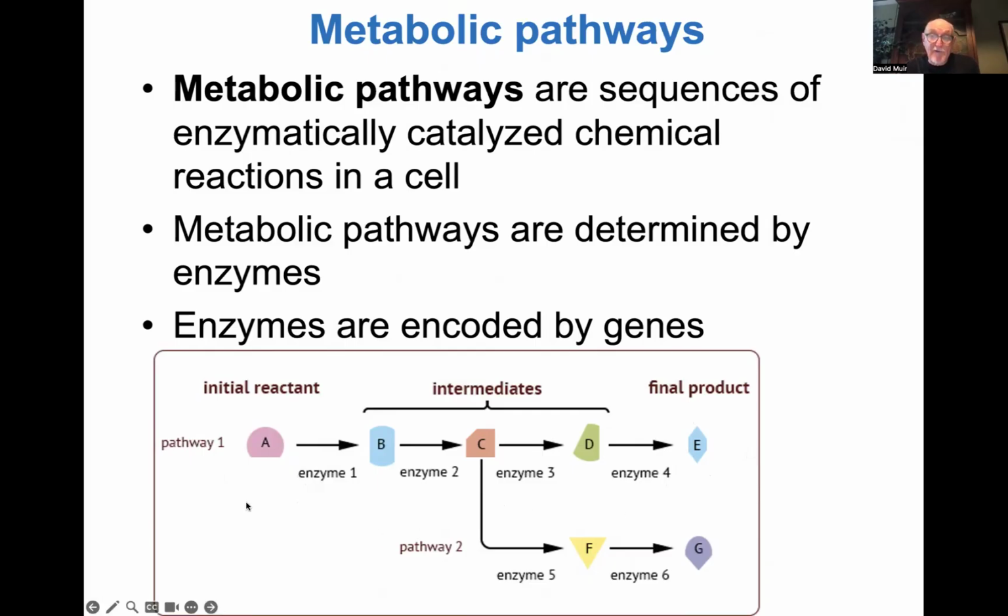So the second advantage, each of these intermediate products is usually useful somewhere else. It usually can be abstracted to go into a different pathway, to serve as the basis for another pathway, or to produce another set of products from the same initial reactant.